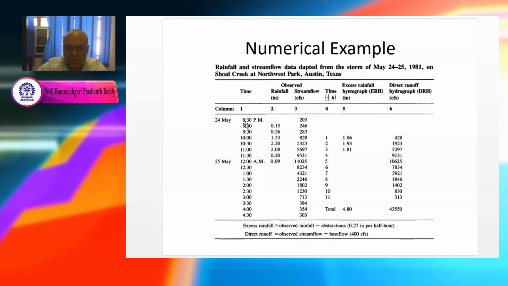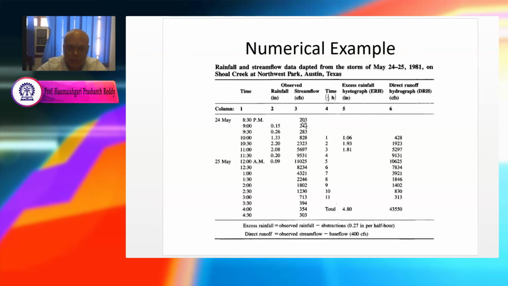On the 24th, at morning 8:30, rainfall starts. By 9 o'clock, the amount of rainfall is 0.15 inch. From 9 to 9:30, rainfall is 0.26 inch. From 9:30 to 10, 1.33 inch. And so on up to midnight on the 24th, that is 12 am.